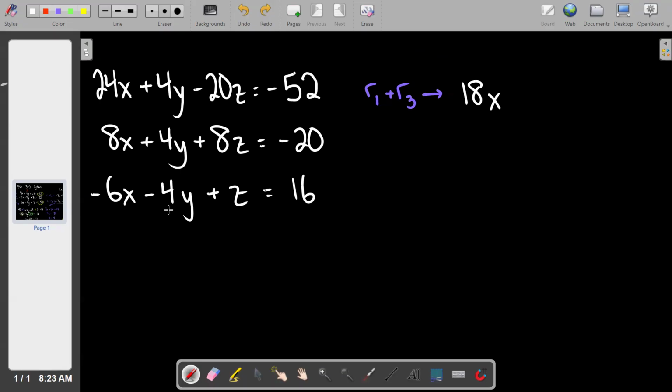Oh, my y's. Yeah, y's are gone, right? Everybody okay? I just had to ask. z's are negative 19. I agree. Yes, and the z's are here and here, row one and row three. So I have negative 19 of those z's. And then my constants: what's negative 52 plus 16?